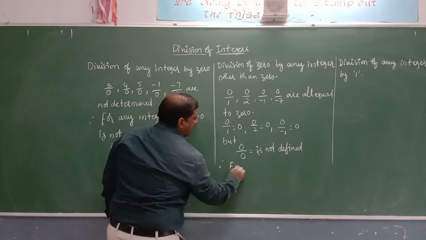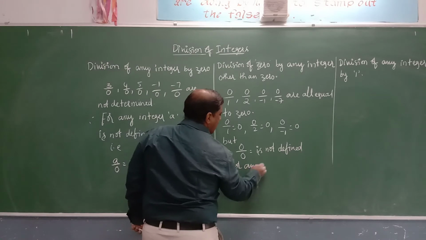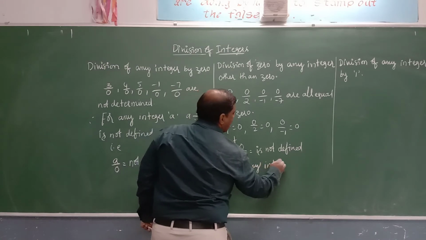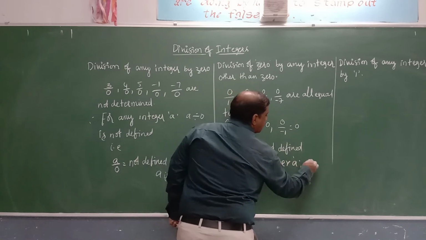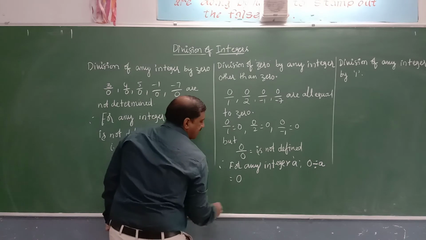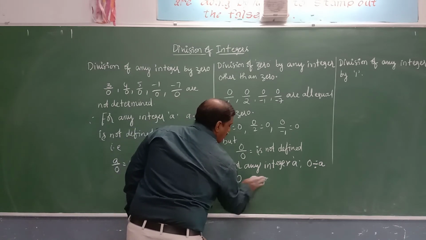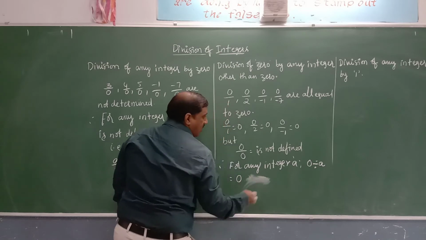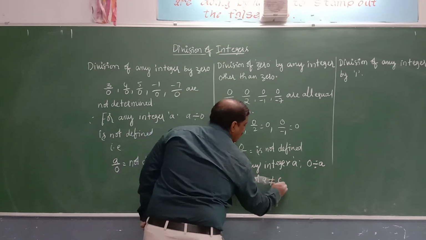Therefore, for any integer a, 0 divided by a is equal to 0 for a not equal to 0.